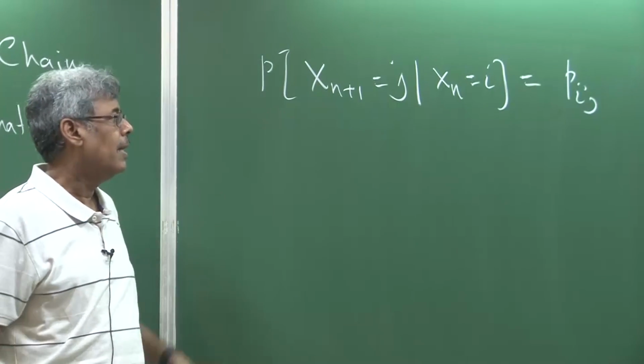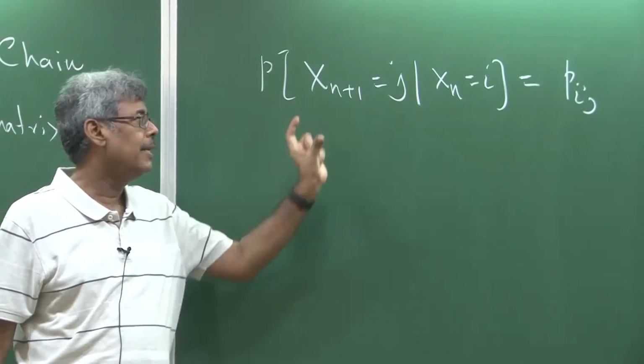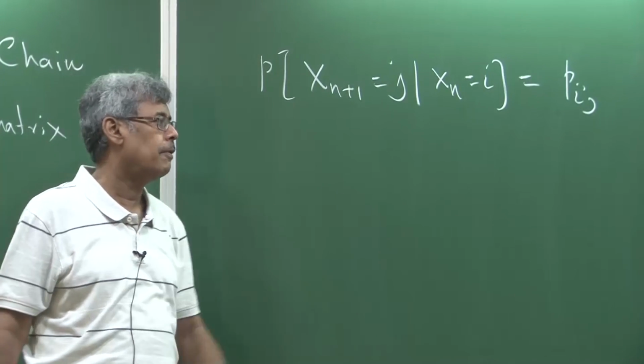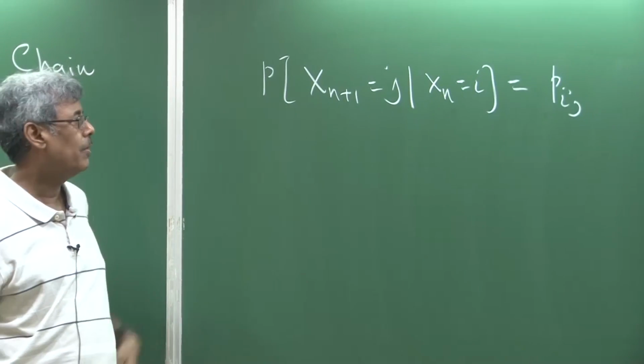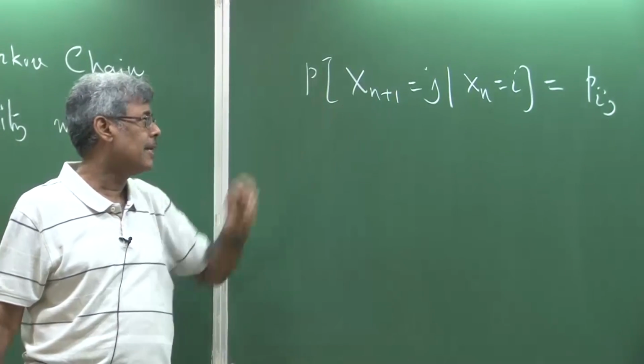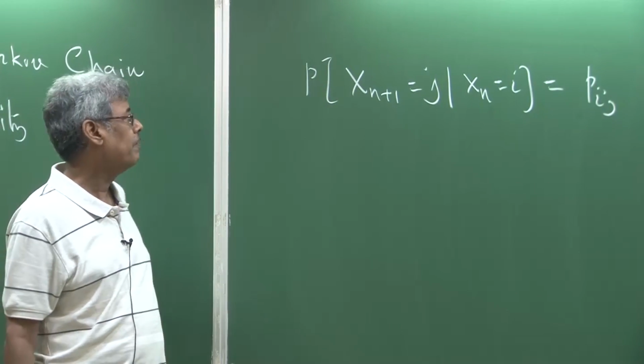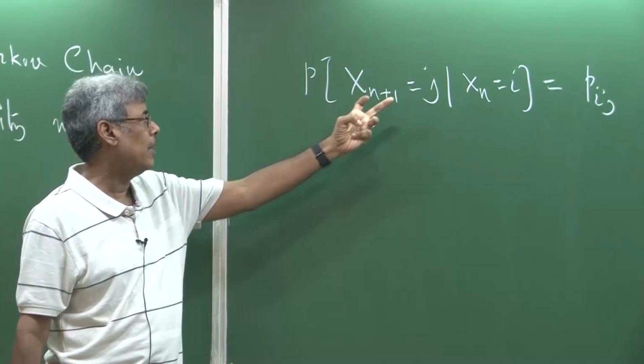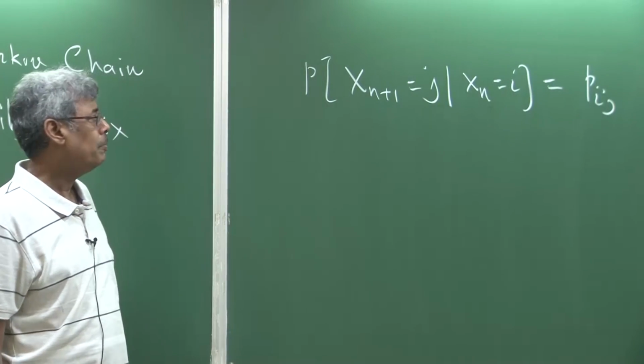And from now on, we will be mainly talking about those kinds of Markov chains where the transition probability matrix does not depend on time. So, probability X_{n+1} = j given X_n = i is equal to P_ij.